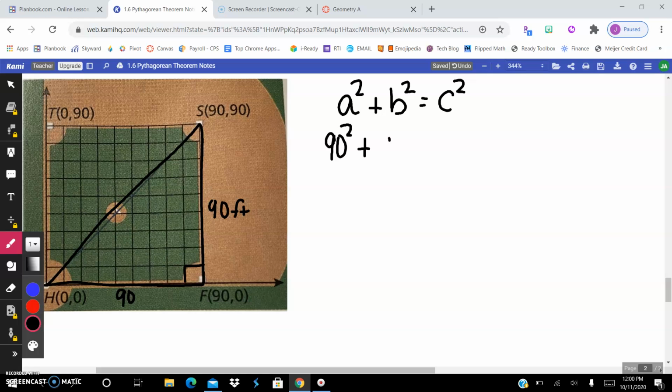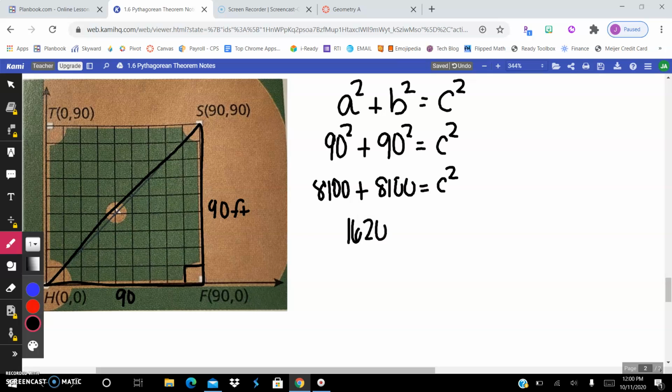So 90 squared plus 90 squared is going to give us c squared. And 90 squared, 9 times 9 is 81. And then 90 times 90 would have 2 zeros. So they're 8,100 for both of those. And if I add those together, I get 16,200. And our last step would be to take the square root of both sides.